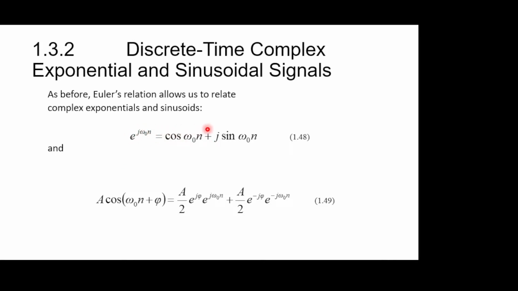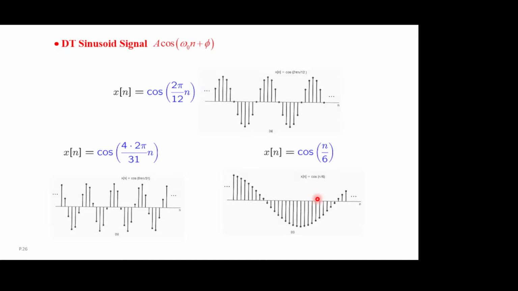The exponential e to the j omega naught n goes to cosine of omega naught n plus psi, and the cosine equals e to the plus j omega minus e to the minus j omega, etc. So here we plot the sinusoids, because once again it's hard to plot a complex exponential. Here we have cosine of 2 pi over 12 n, cosine of 4 times 2 pi over 31 n, and cosine of n over 6.